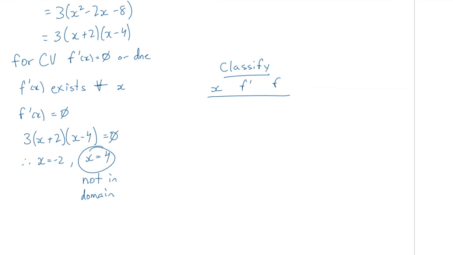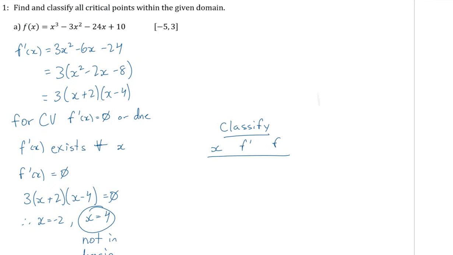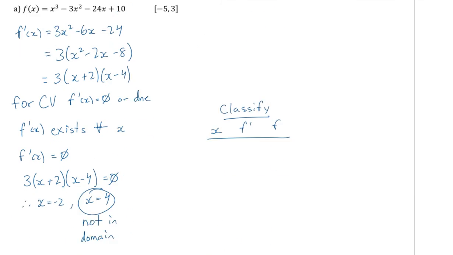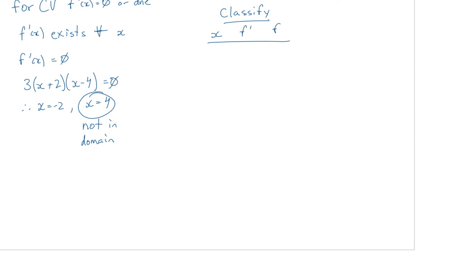In this case, we only have one value inside of our interval. Our interval, notice, is inclusive of -5 and 3. You could have more, and when we do sketching, you're definitely going to have more, so you'll have a longer table. This first example is going to be relatively short.